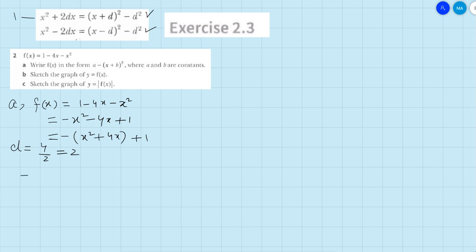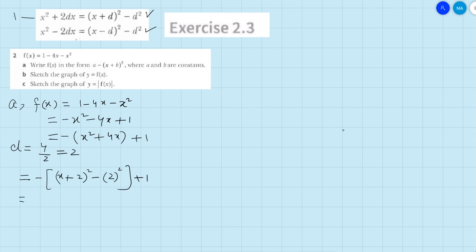Now apply the formula (x plus d) whole square. This is minus (x plus d). What is d? d is 2, minus 2 square. Bracket close, and this plus 1 remains plus 1. Minus (x plus 2), no need to apply bracket again.